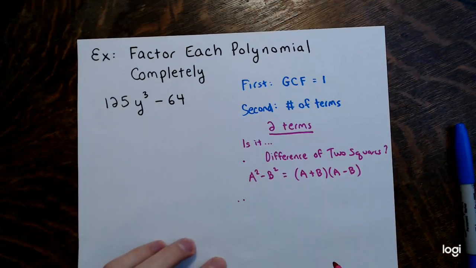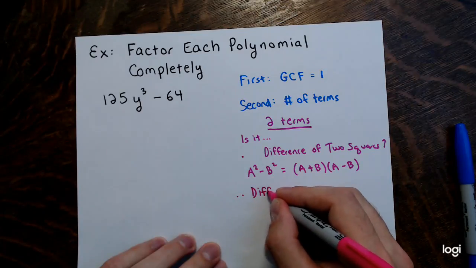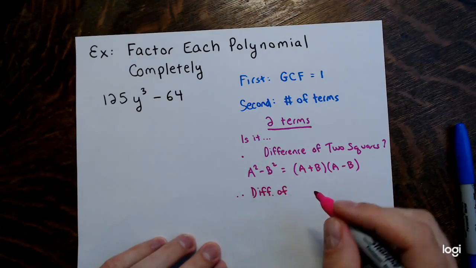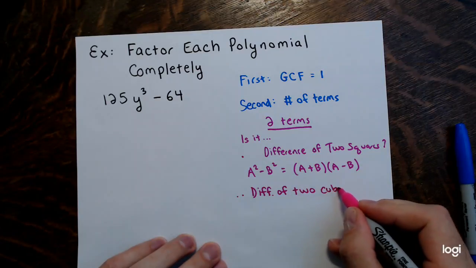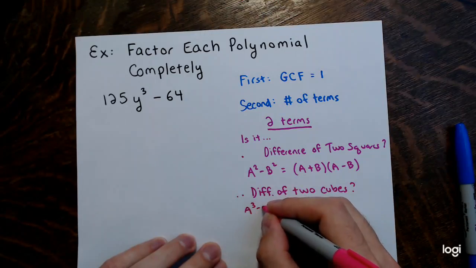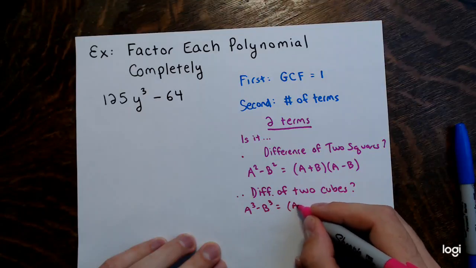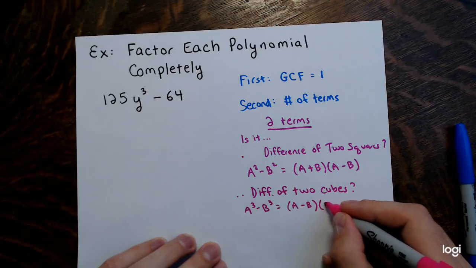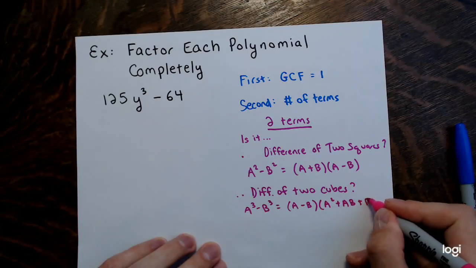If it's not a difference of two squares, is it a difference of two cubes? Does it have the form a cubed minus b cubed? If it does, it can be factored to a minus b times a squared plus ab plus b squared.